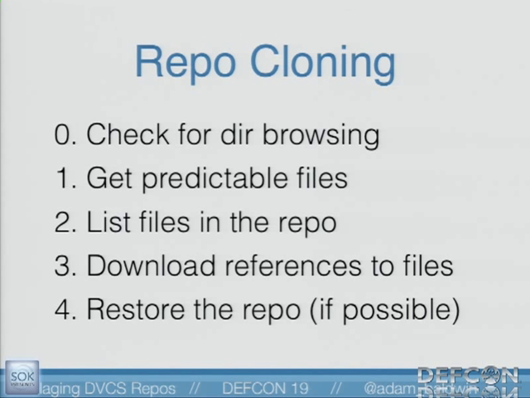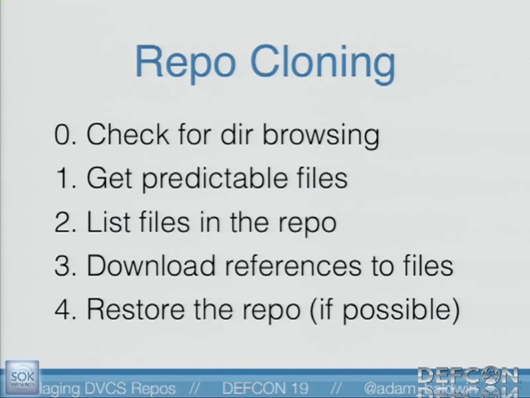First thing you need to do is check for directory browsing. If directory browsing is enabled on the site, it's game over. You can simply wget the .git directory and then restore the repository. Git reset hard, and then you've got your contents. You've got the source code, you get the entire tree. If that doesn't work, barring that, we need to get the predictable files.